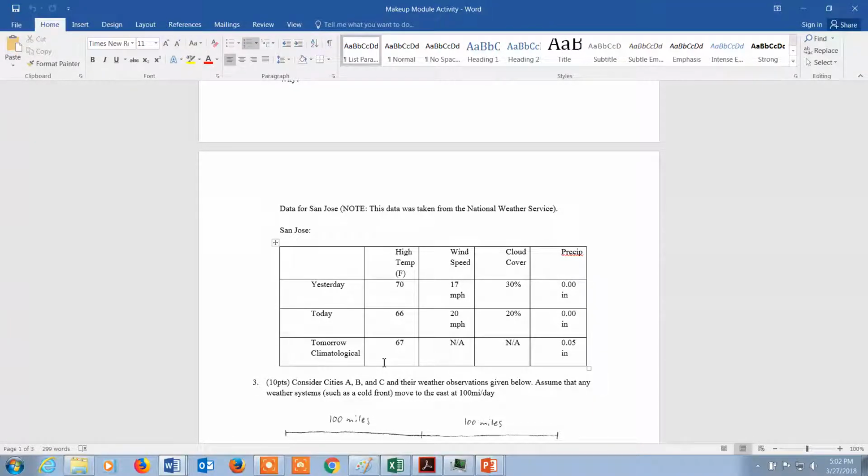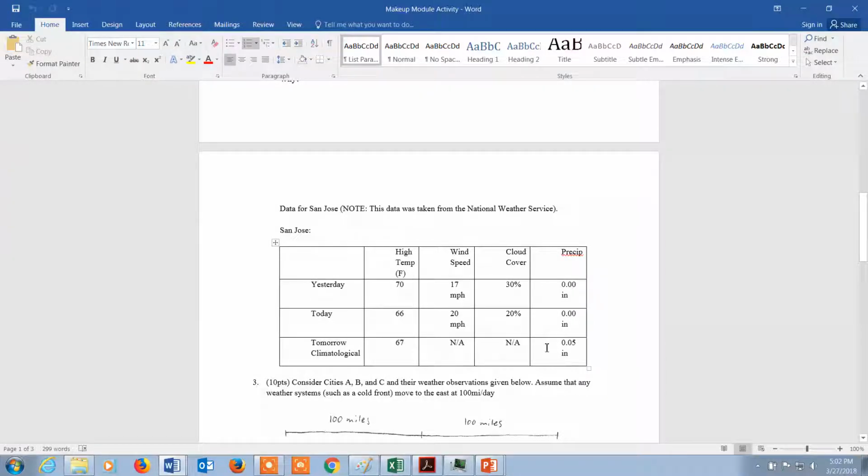Basically, for that date, this is the average of the last 30 years of weather data. And so that's what this 67 represents. That's the average temperature. Usually they don't get data for wind speed and cloud cover, so there's usually no averages there. And then this is the average precipitation for the day. This gives us an idea of what the weather, in a sense, would normally be like on this day.